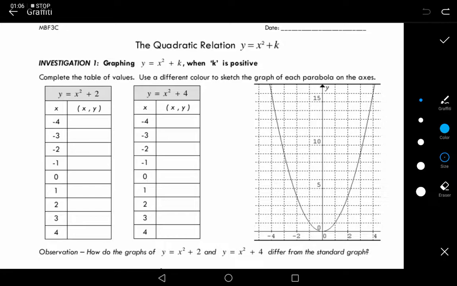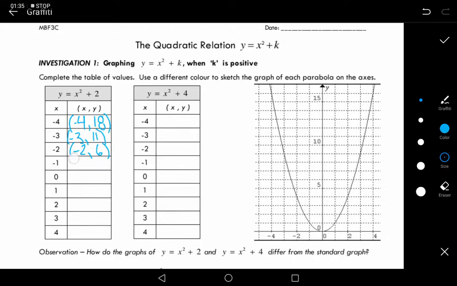So here we have negative 4 squared, which is 16, plus 2, which gives us 18. Next we have negative 3 squared, which is 9, plus 2 is 11. Negative 2 squared is 4, plus 2 is 6.